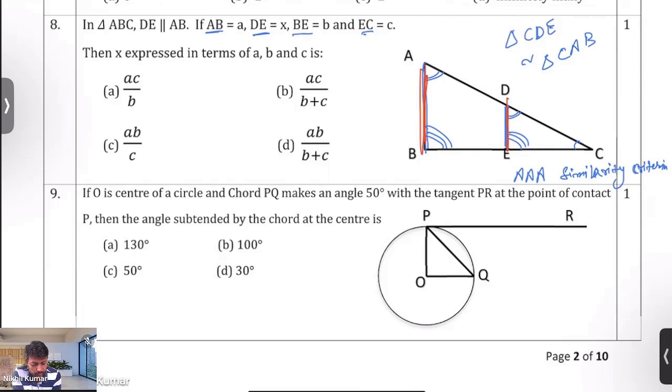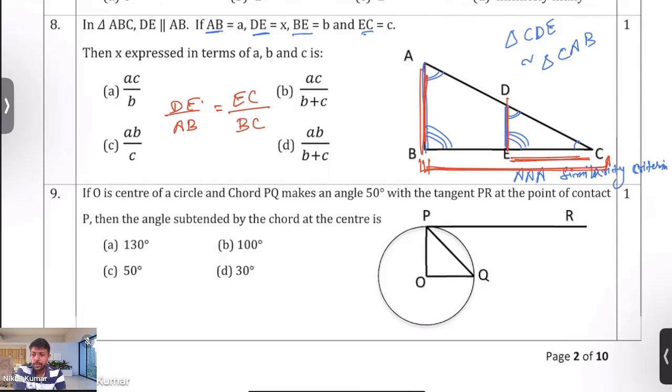So we can say that DE upon AB is equal to, since EC is involved, so I would say EC upon this entire side BC. EC upon BC.